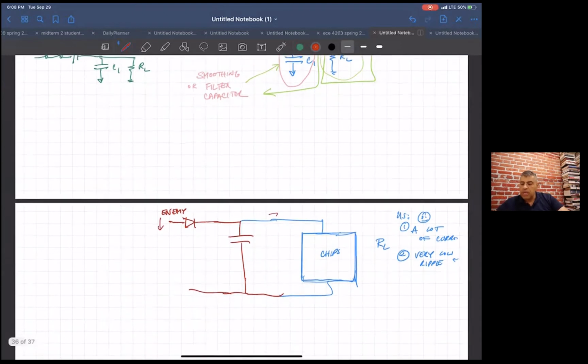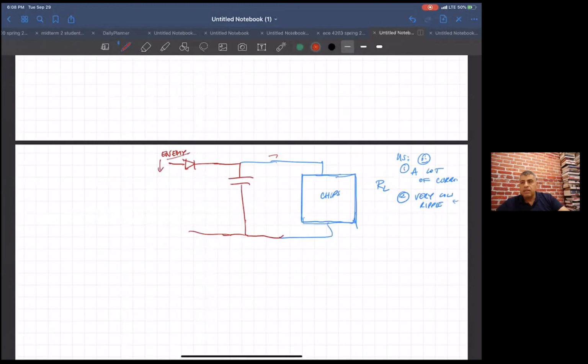So we're making their lives difficult. And this is a constant negotiation between people who are designing the chips and people using the chip.